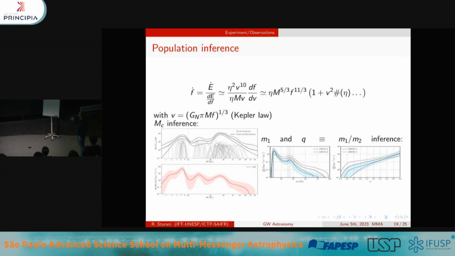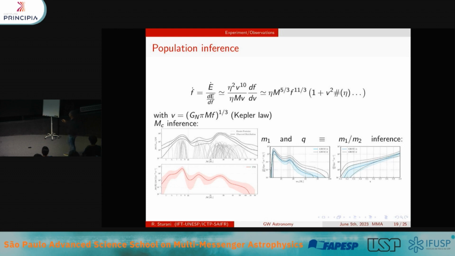When we look at the phasing, how the phase is changing with time, what we can measure very accurately is this combination, eta times mass to the 5/3. Or if you want to trade it for an object that has the dimension of the mass, eta to the 3/5 times mass. This is something that we measure very accurately due to the change of the frequency. And then because of this additional dependence of the post-Newtonian parameter on eta, we can measure also eta separately.